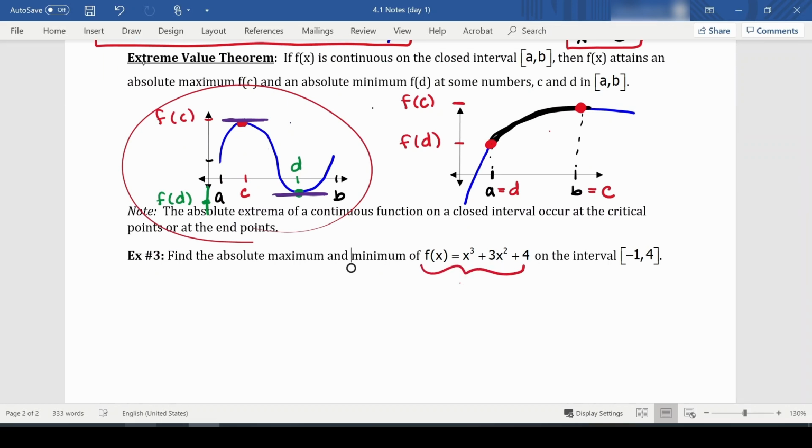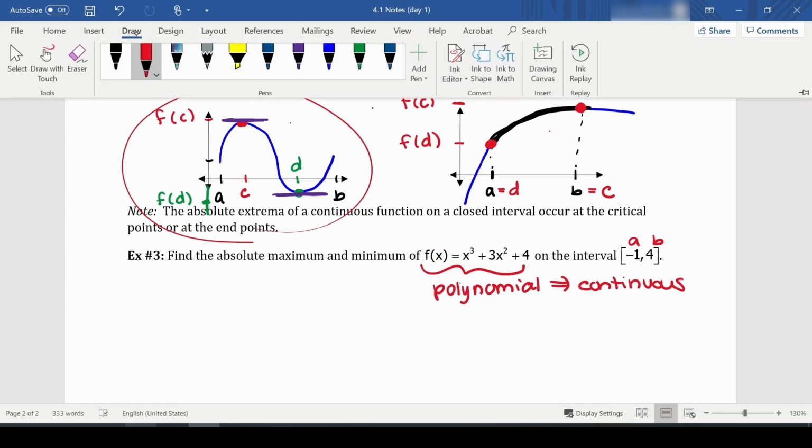So if I wanted to actually try an example, the first thing is we have to be continuous. So in my example, f of x is a polynomial. This means it's continuous. I have a closed interval. Negative 1 is my a, and b is 4.